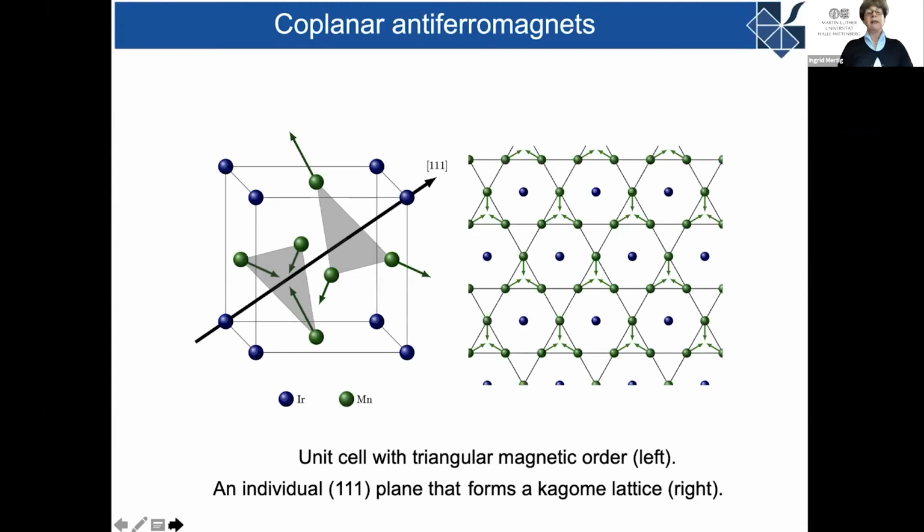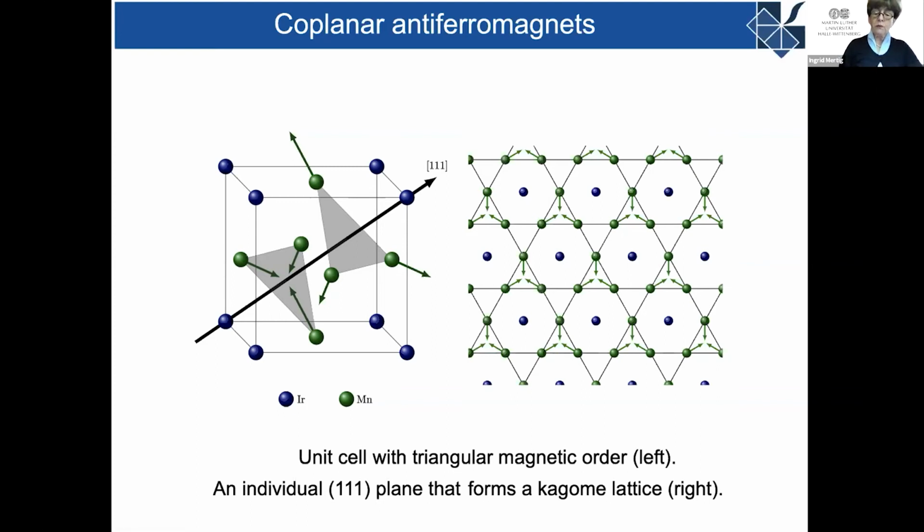Coplanar antiferromagnets became very popular over the last years. And you have this structure of the system. We have either hexagonal or cubic antiferromagnets where each plane can be described as a Kagome lattice with a coplanar spin texture.